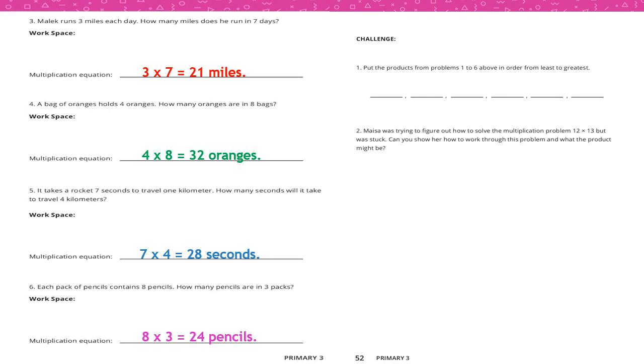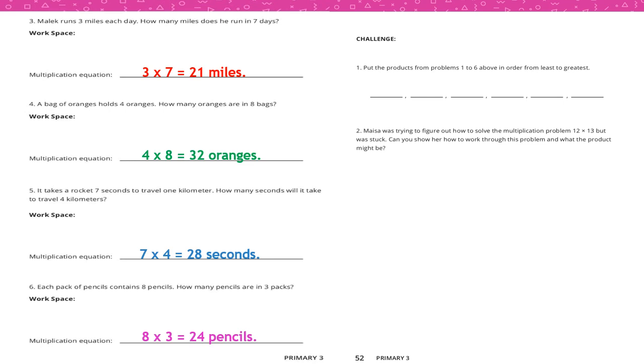Now, let's put our products in problem 1 to 6 above in order from least to the greatest. It means what? This order is called what? From the smallest to the greatest. It's called ascending order.